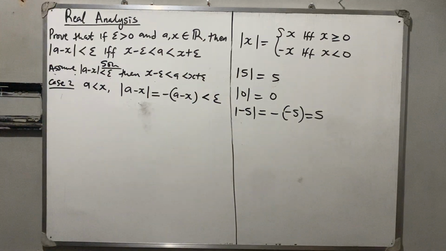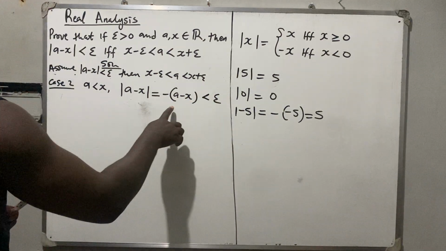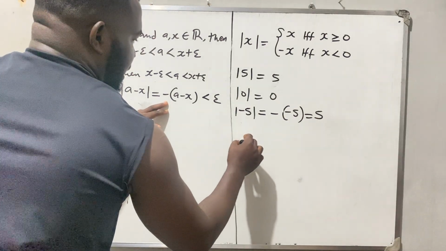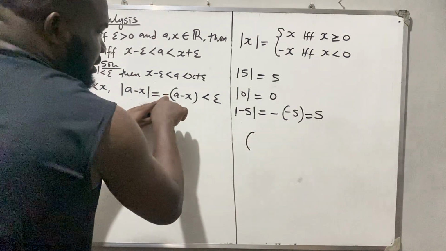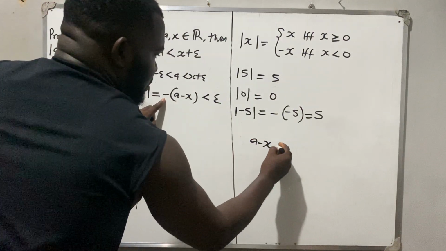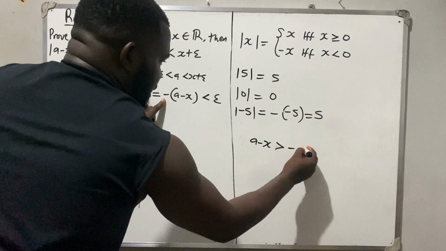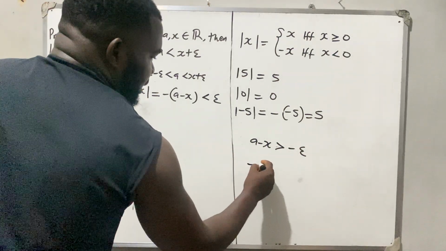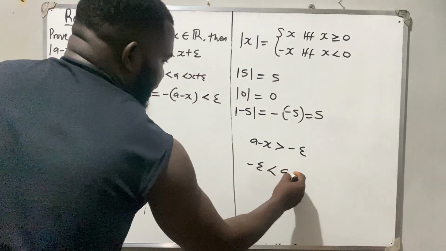Epsilon. Okay, now if you multiply both sides by negative, this negative will be out, so I'm going to have that a minus x must be now greater than negative epsilon, because the sign will change. So if you write this thing, you're going to have that negative epsilon is less than a minus x.